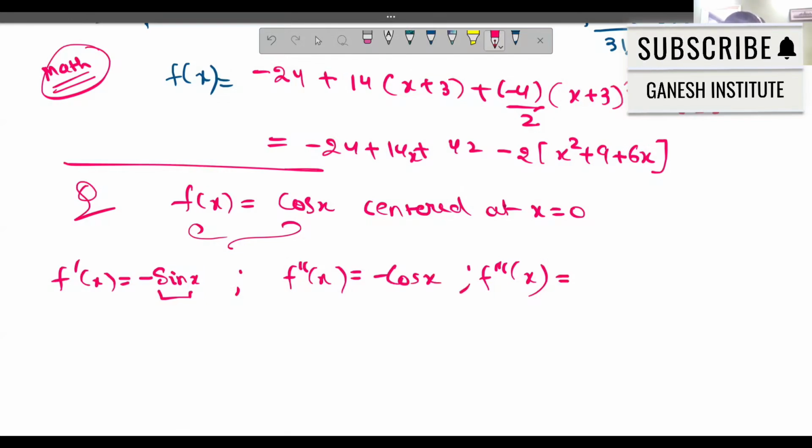And then cos is minus sine, so minus minus plus sine. And this chain goes like this. Let's only find up till this much. Then x equals sin x.